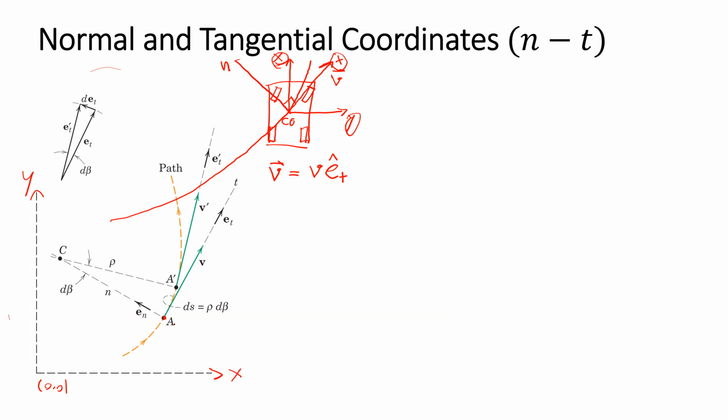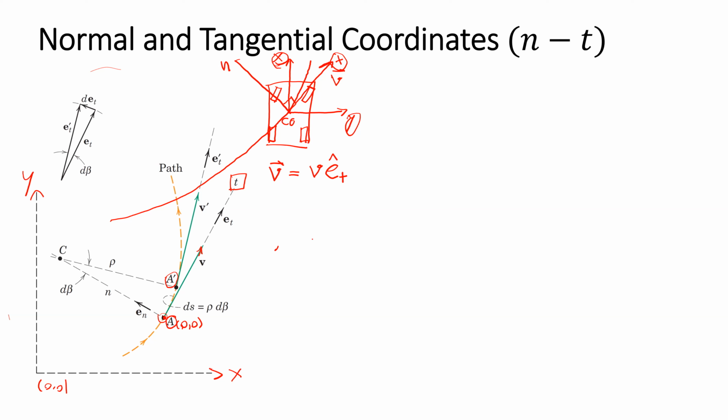The 0, 0 of the nt coordinate is on that particle, and the t axis, the t direction, is the direction of the velocity of that particle. When time equals 0, the particle is at point A, and when time passes, it shifts position to A prime.